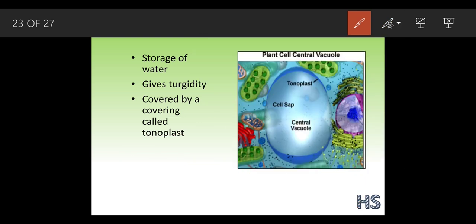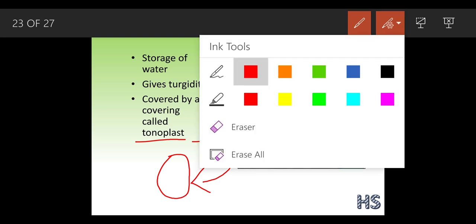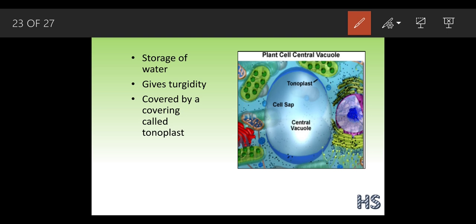And again, if you look at this vacuole, this outer covering, this outer protection, is called the tonoplast. These vacuoles are quite bigger in plant cells. Why?